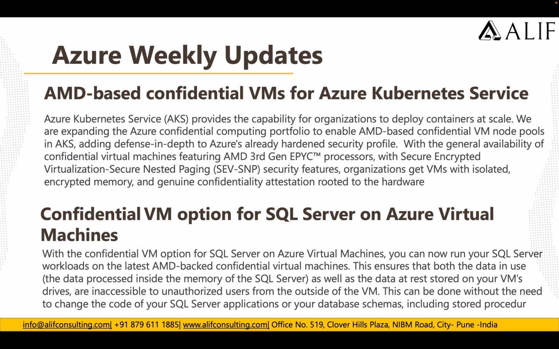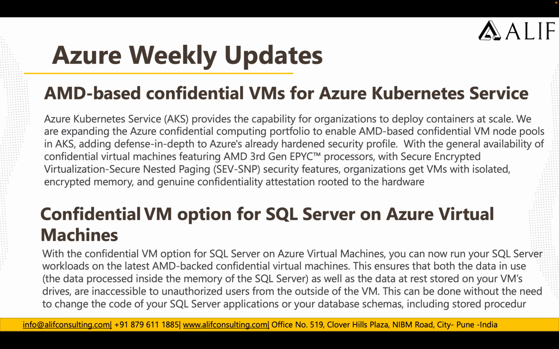The other update which we have is again for Kubernetes. Now we have ARM based confidential VM capabilities. What that means is, we can use this confidential compute processor, which allows us to run secure encryption, virtualization, secure nested paging on the AKS.